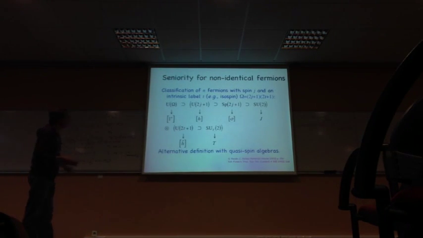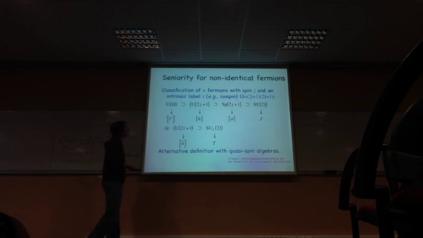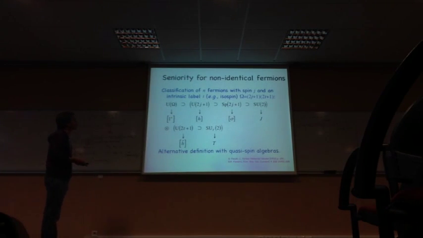There is a generalization, I will not go into that, because it becomes much more difficult if you go to, for instance, neutrons and protons. Then you have an intrinsic label, T, and so your total dimension is not 2J plus 1, but the multiplication of 2J plus 1 and 2T plus 1.